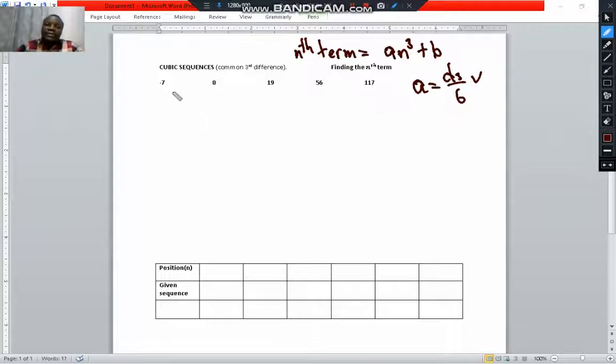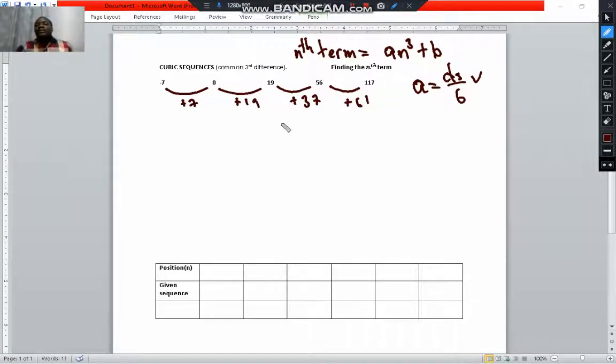So let's look at the first difference between the terms of the sequence given here. The difference between negative 7 and 0 is plus 7. The difference between 0 and 19 is plus 19. The difference between 19 and 56 is plus 37, and the difference between 56 and 117 is plus 61.